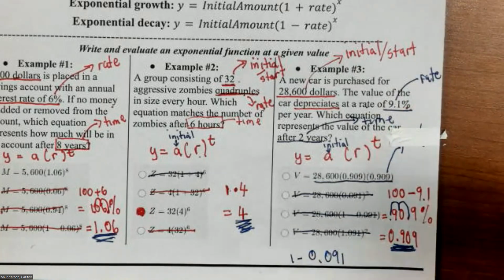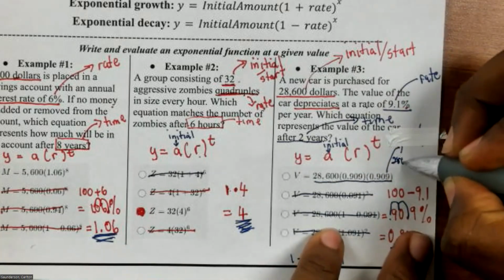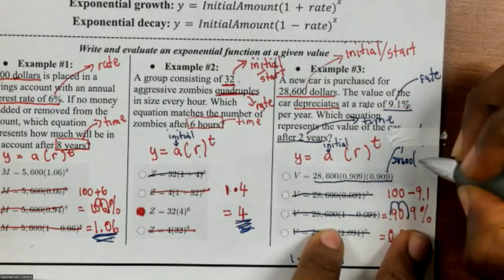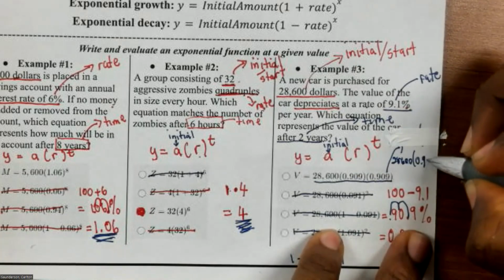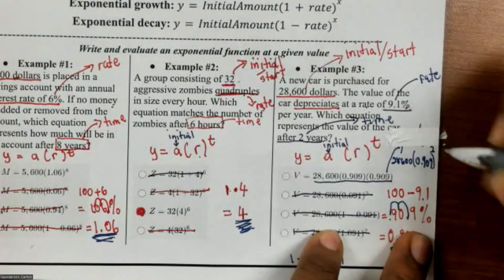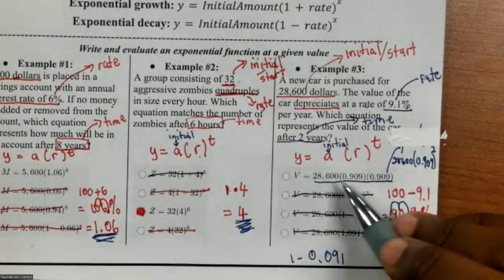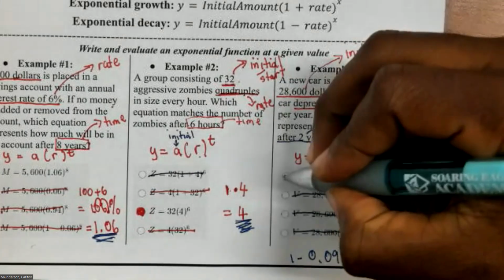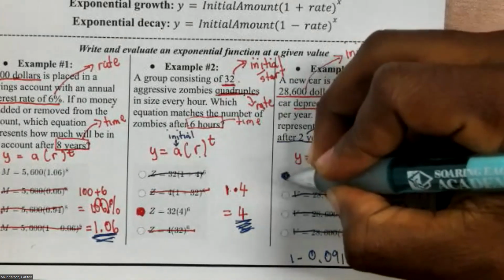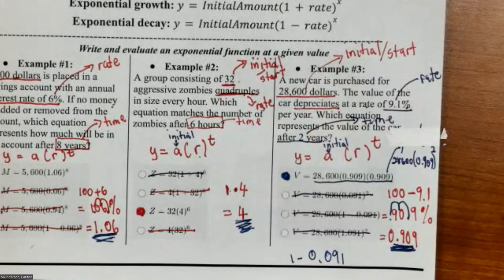That could be rewritten as 28,600 parentheses 0.909 to the second power, because we see it 2 times. So again, that's the same as the answer we need. That would represent the result. So again, guys, just like that.